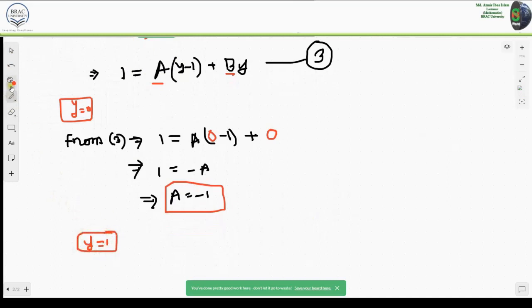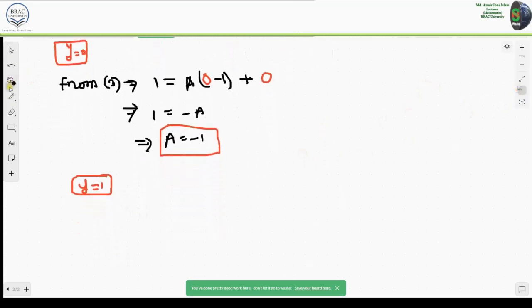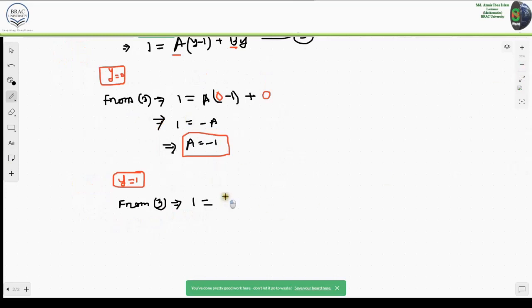So from equation 3 we can write 1 equal to a times 1 negative 1, that means it is becoming 0, 1 negative 1, ignore my handwriting, and plus b times 1.